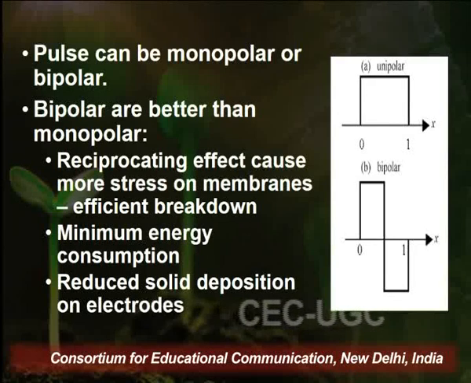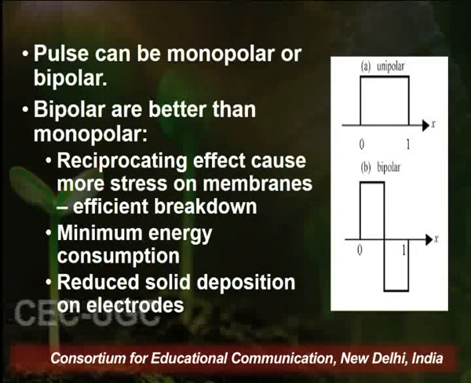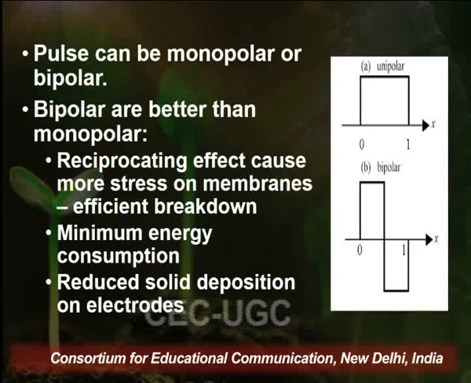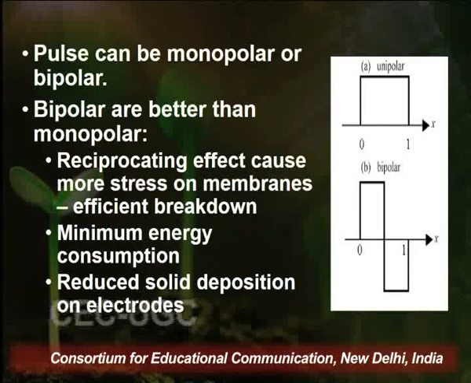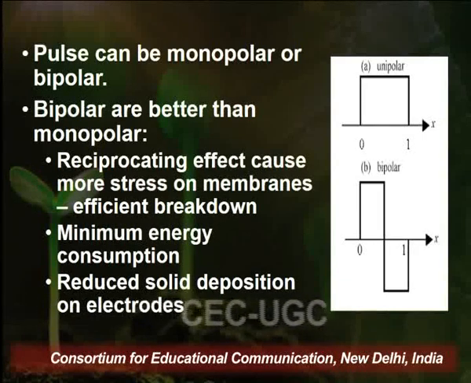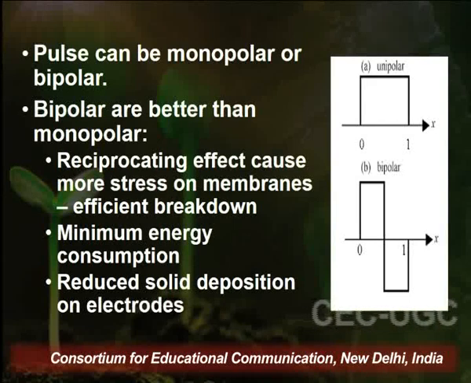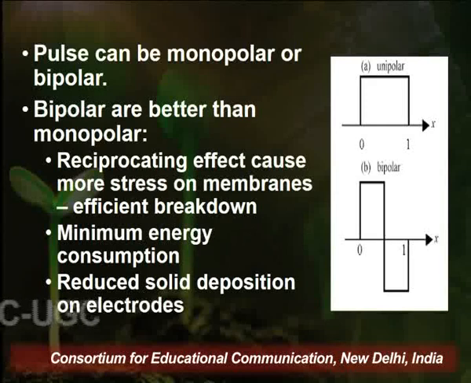Then it also reduces the solid deposition on the electrodes. Many times it has been observed that if we are using a monopolar or unipolar electric current, wherein the intensity is at a constant value irrespective of the shape of the wave we are using, then a certain amount of solid starts getting deposited on the electrodes.